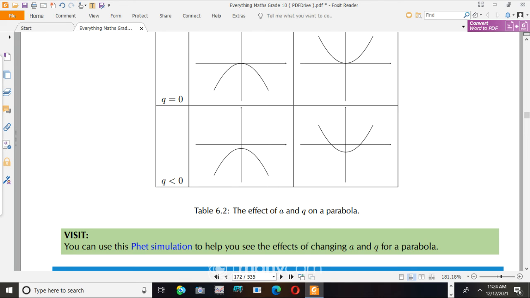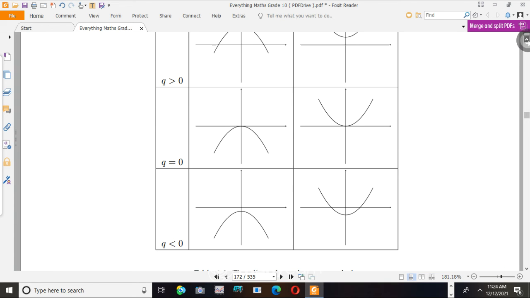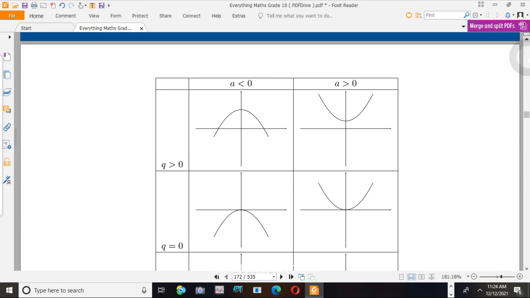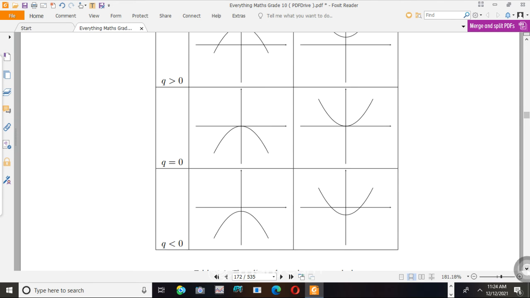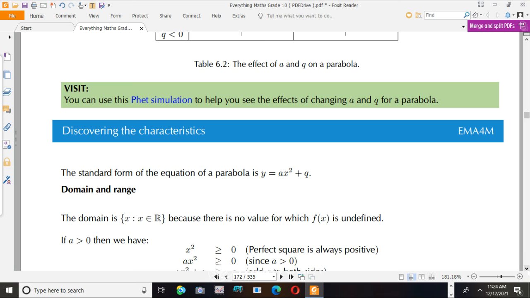So the effect of Q is determining whether the turning point is above the x-axis or below the x-axis. If Q is 0, it is on the x-axis, touching the x-axis, but if it is less than 0, the turning point is below the x-axis. So Q determines whether the turning point is above the x-axis or not. Okay, so it's very important for you to see the type of graph.